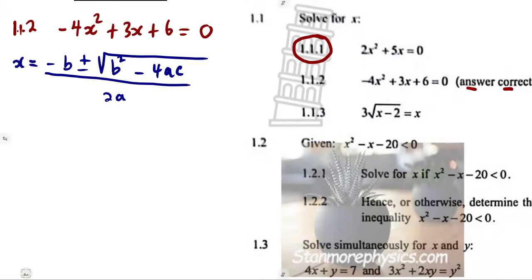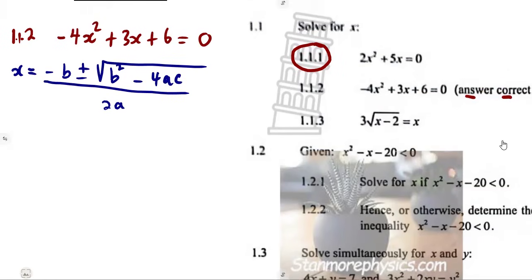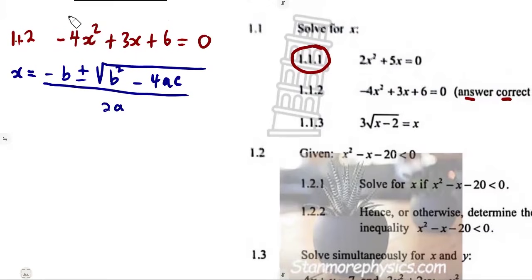Substituting the values, our equation is in the format that we expect our quadratic equation to be. Remember the format, ax squared plus bx plus c is equal to 0. So you can see that our a is minus 4, our b is a positive 3, and our c is a positive 6.